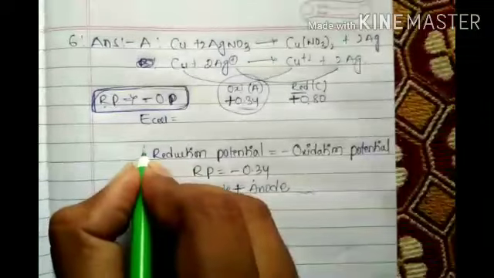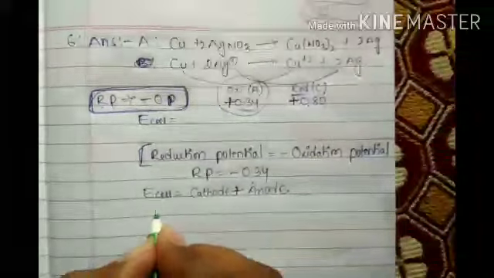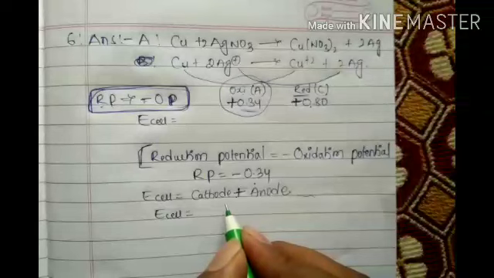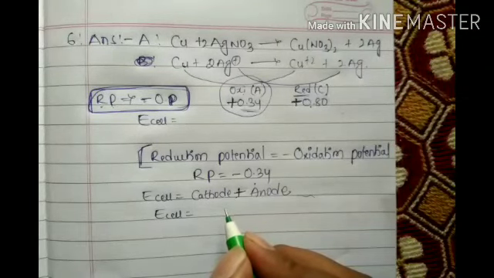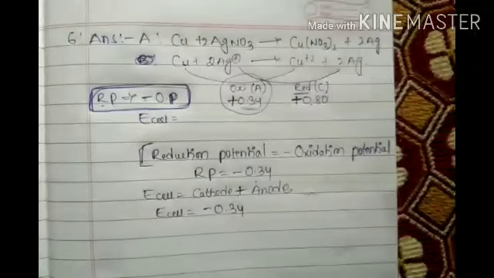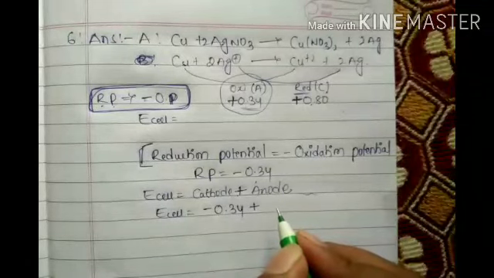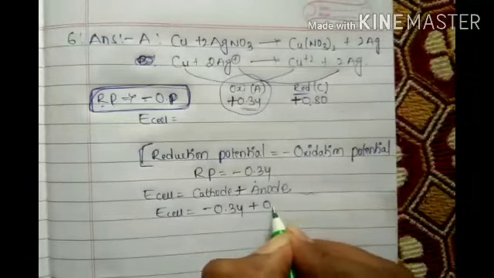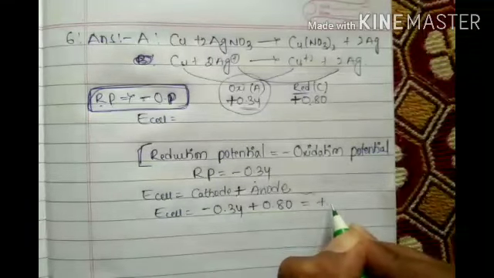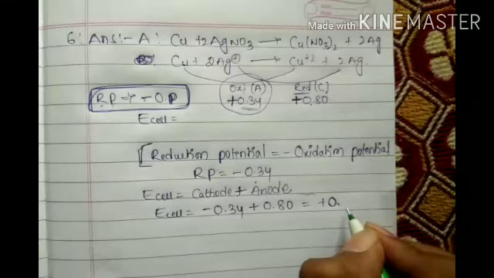Because we are using this formula. So E cell equals cathode, which is minus 0.34, plus anode, which is 0.80. It becomes positive 0.46.